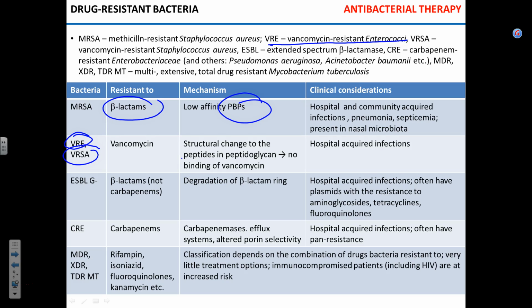And vancomycin is the great alternative to beta-lactams. Okay? Does that make sense? Great alternative. But if they're resistant to vancomycin, this alternative is gone. You can't use it anymore.